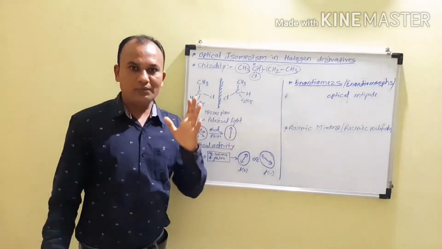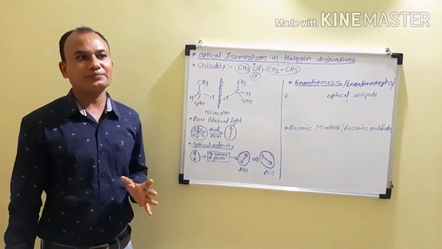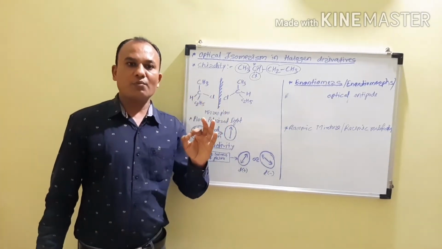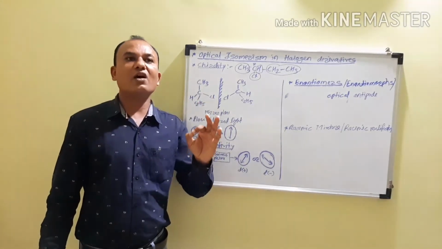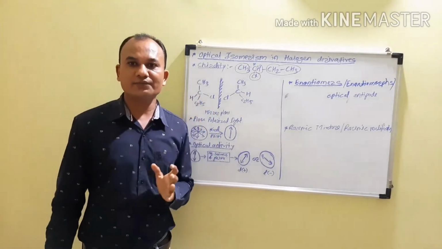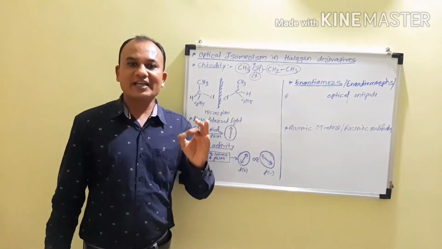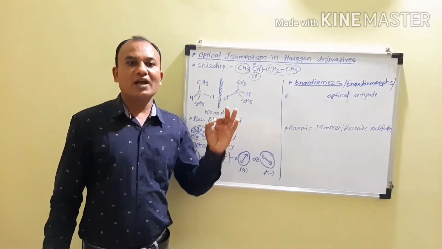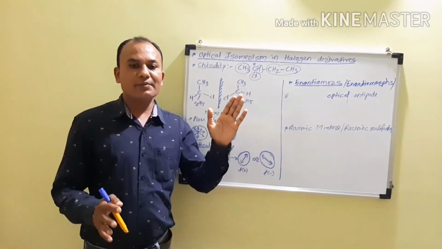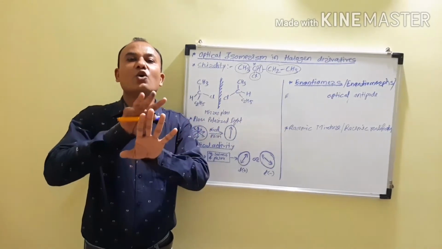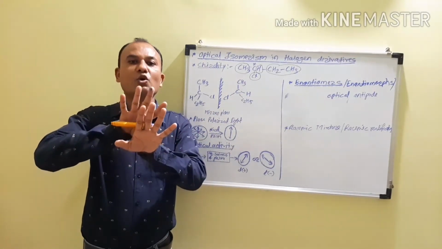Because if a chiral carbon atom is present, then the isomers of such molecules have non-superimposable mirror images of each other. It means if we take a mirror image of a particular isomer and superimpose it on the original, they are non-superimposable. That means they do not superimpose.